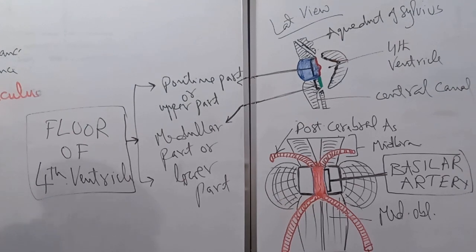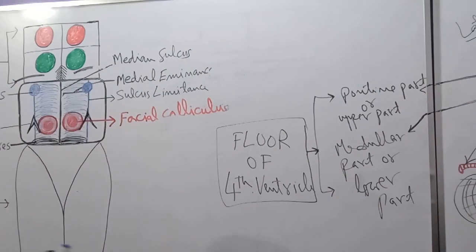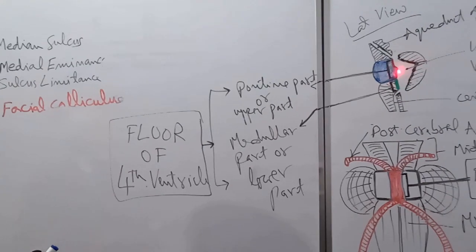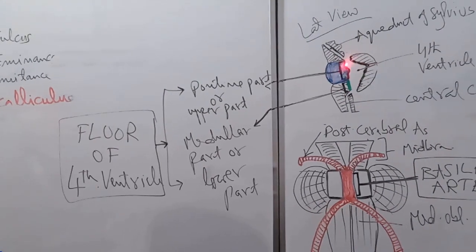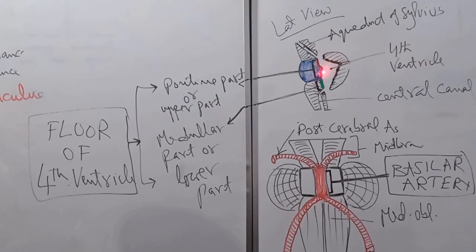So as we were discussing the features of the posterior surface of the pons, the posterior surface of the pons forms the upper or pontine part of the floor of the fourth ventricle, the red color. And below this, the green color, the lower part of the floor of the fourth ventricle is formed by the posterior surface of the upper part of the medulla oblongata.